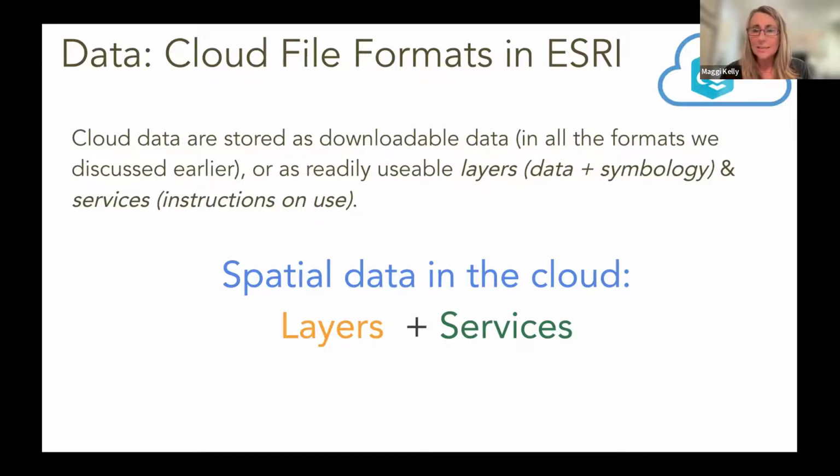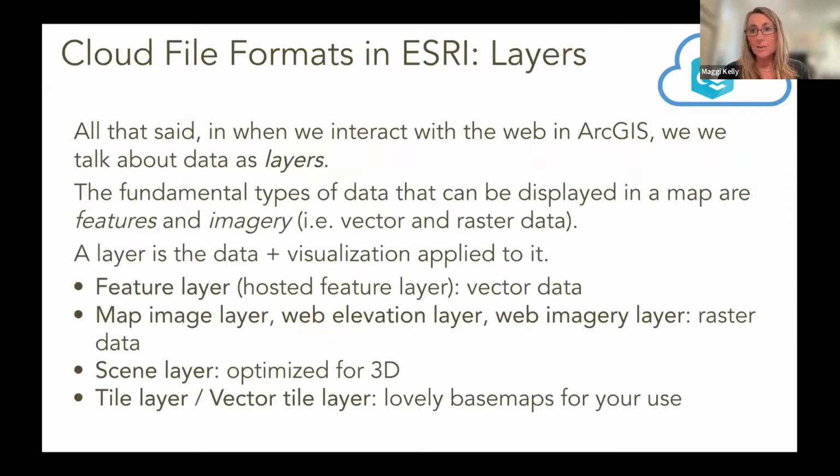And the service is how whoever's using it can use it. You can put constraints on how the data that you're producing are used. Conversely, when you grab data in the cloud, in a native cloud format, you have to be cognizant of what the services are attached to them, because there might be some restrictions.